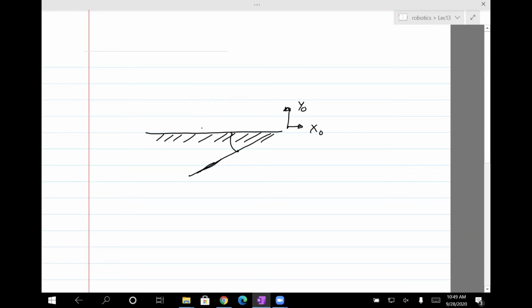And then the robot, or the two-link pendulum, is going to be something like this. Okay, I'm using this convention because this is the normal convention people use to derive the equations. Okay, and then I'm going to assume there's a mass at the torso.